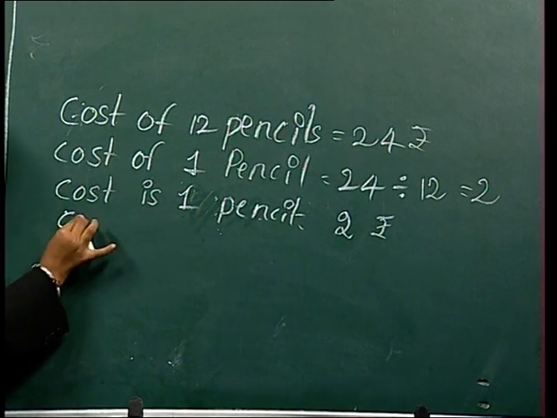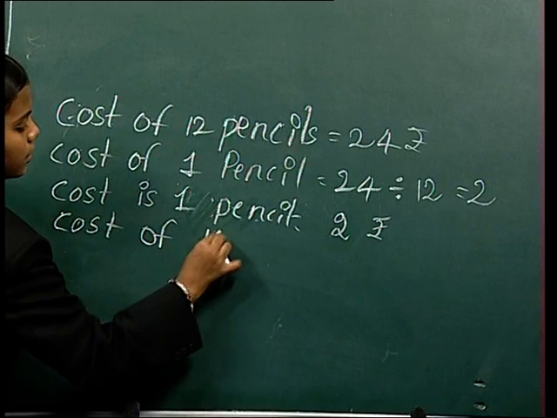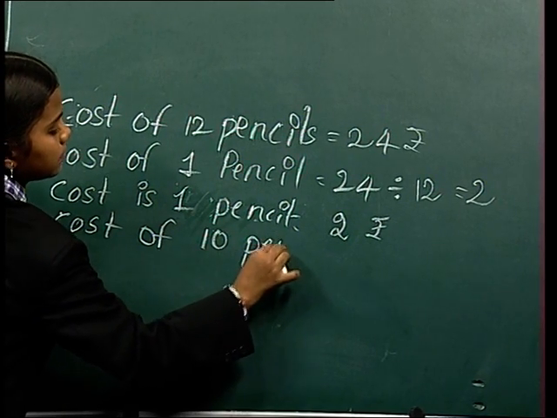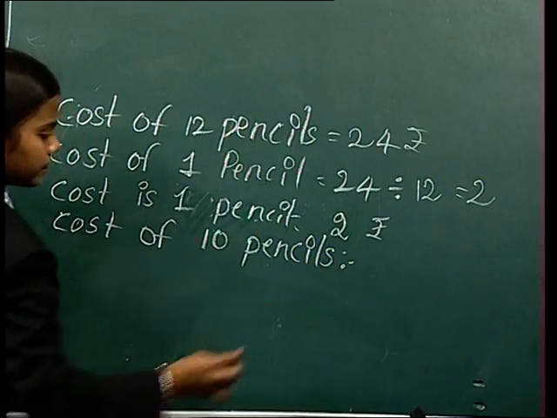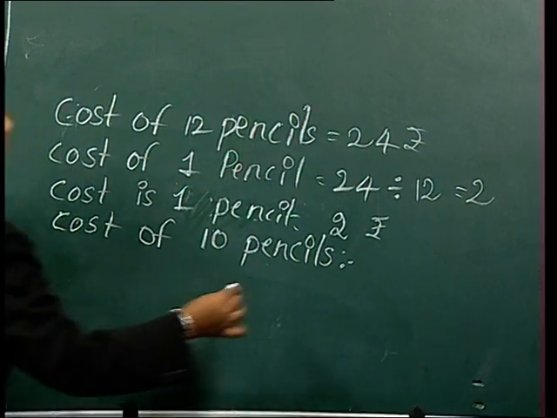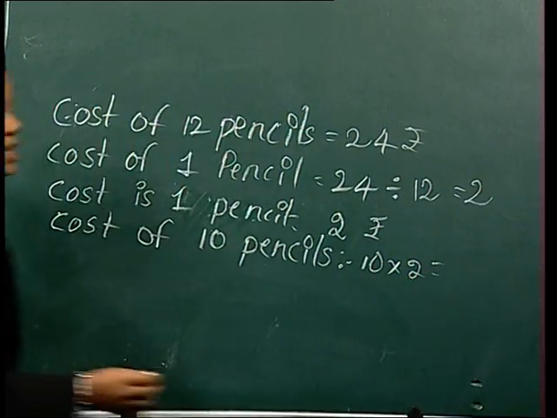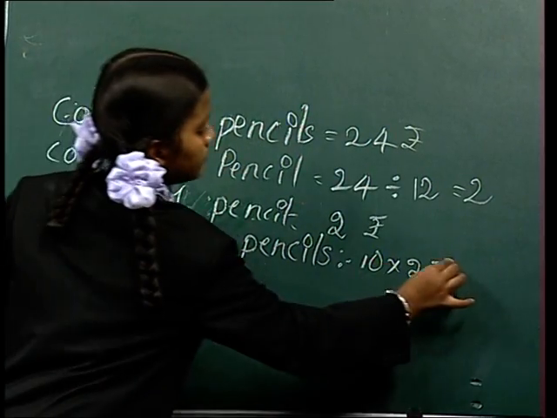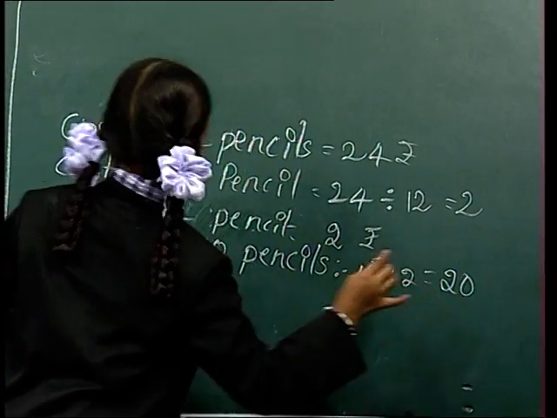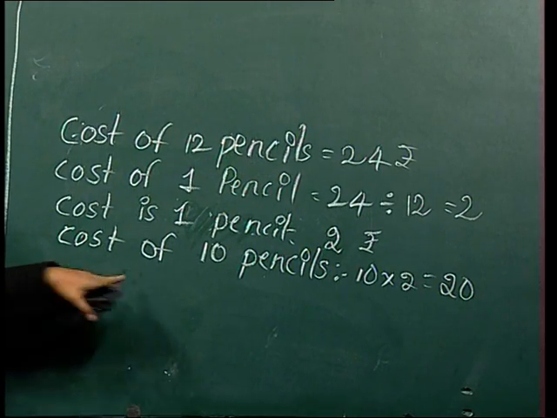Now we find the cost of 10 pencils. 10 into 2 is equal to 20. So, the cost of 10 pencils is 20 rupees.